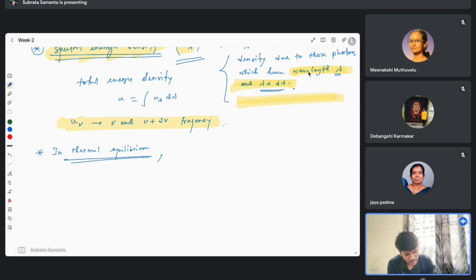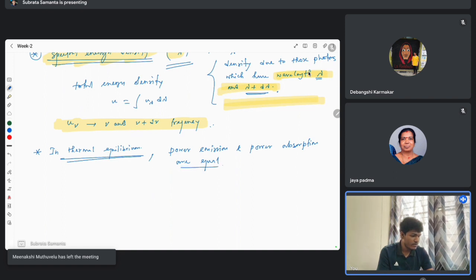So the power emitted from the walls of the cavity and the power absorbed on the walls are equal.